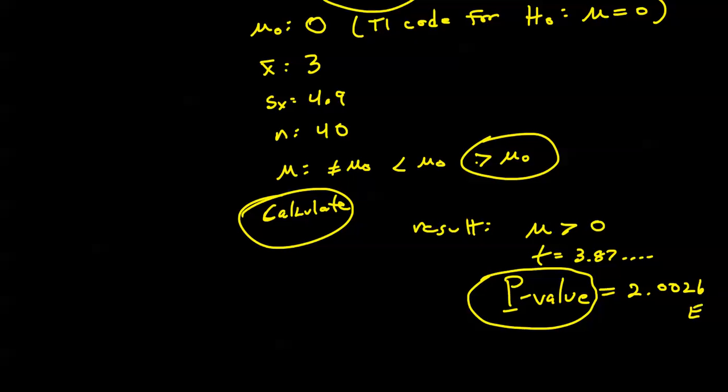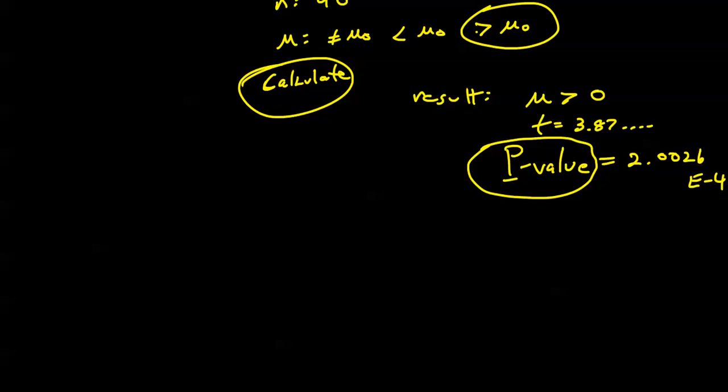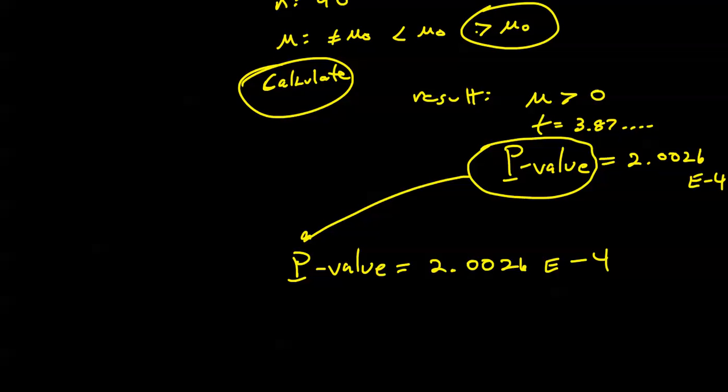2.0026 e minus 4. And that's scientific notation. Let me rewrite that. My p-value for this hypothesis test was the number 2.0026 e minus 4. Again, this is TI code for scientific notation. It means 2.0026 times 10 to the minus 4th power.